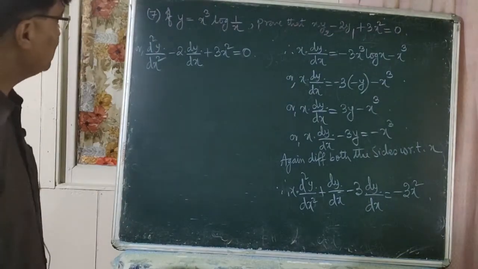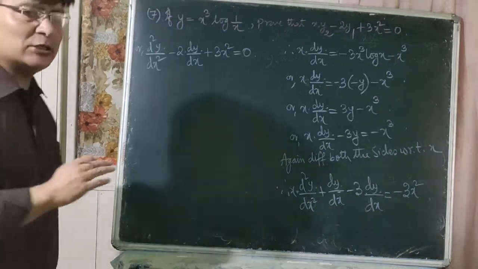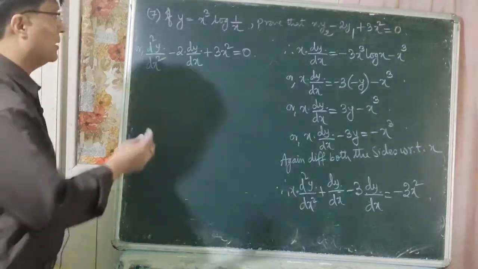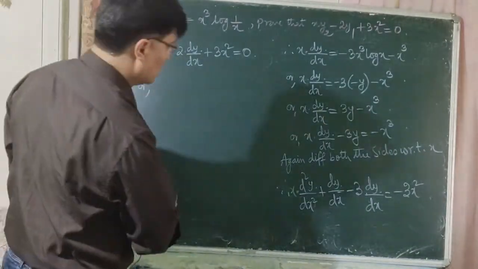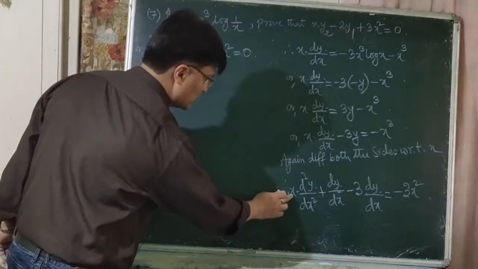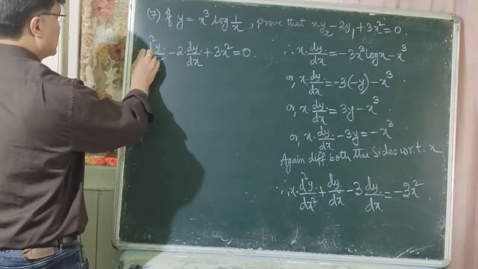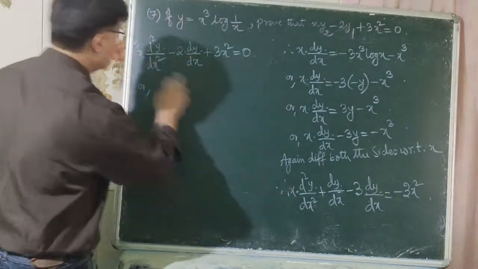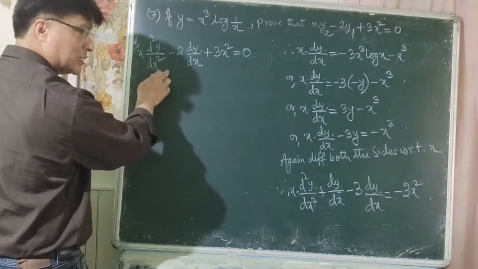So we have got the answer, but instead of d2y by dx square write y2, and instead of dy by dx write y1. Oh sorry, this is x. There is x here also, isn't it? You have to write x into d2y by dx square.